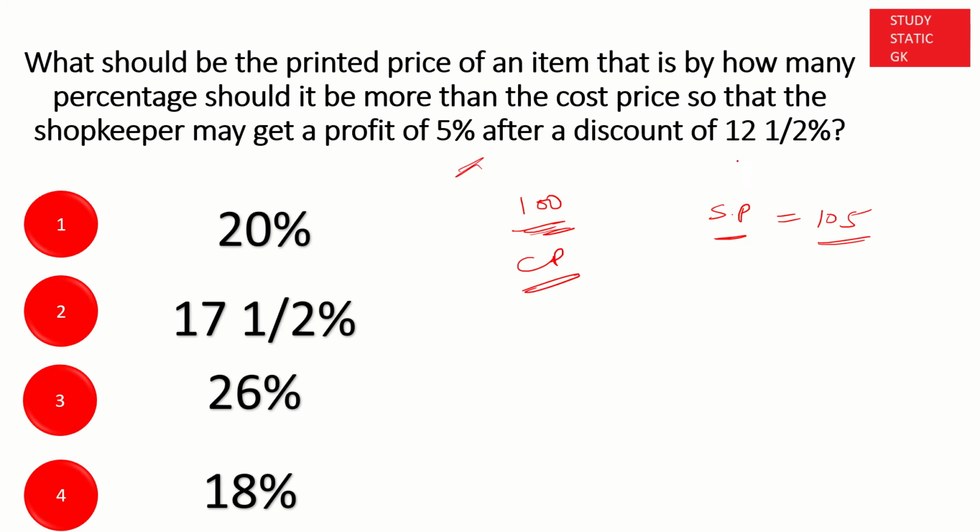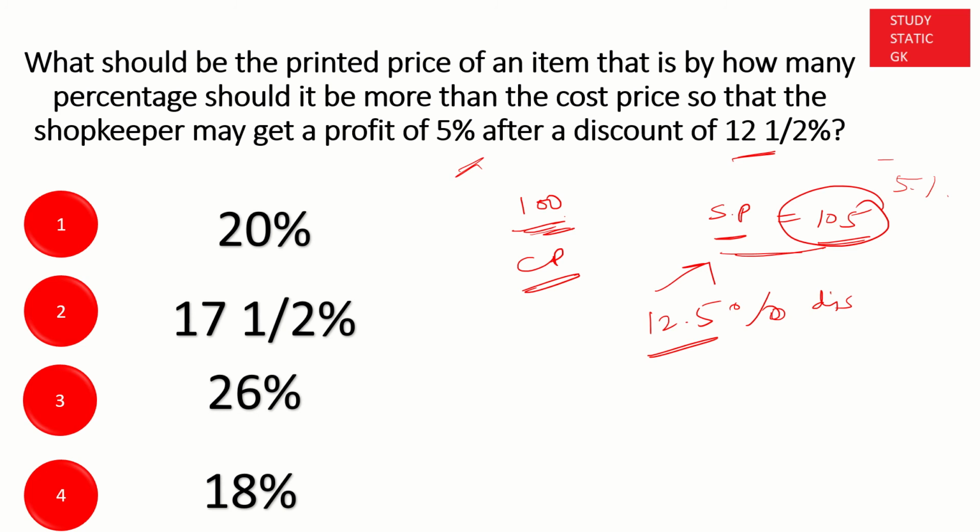But he will give 12.5% of the discount. After the 12.5% discount, the selling price should become 105, but actually his cost price is 100. If the selling price is 105, then he will get 5% profit.